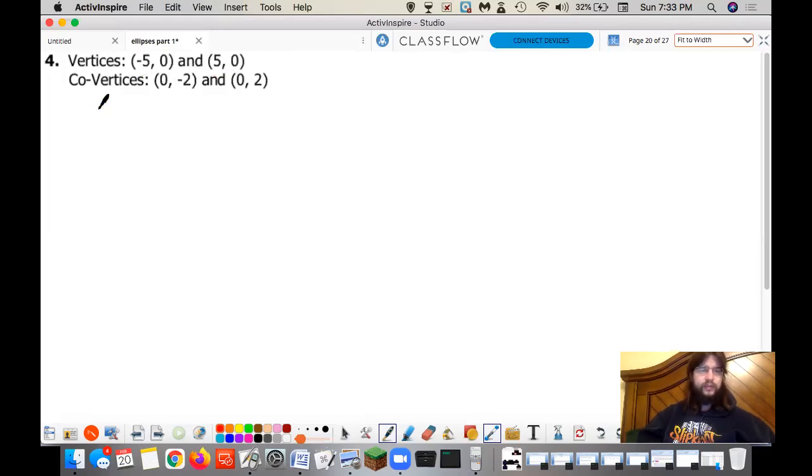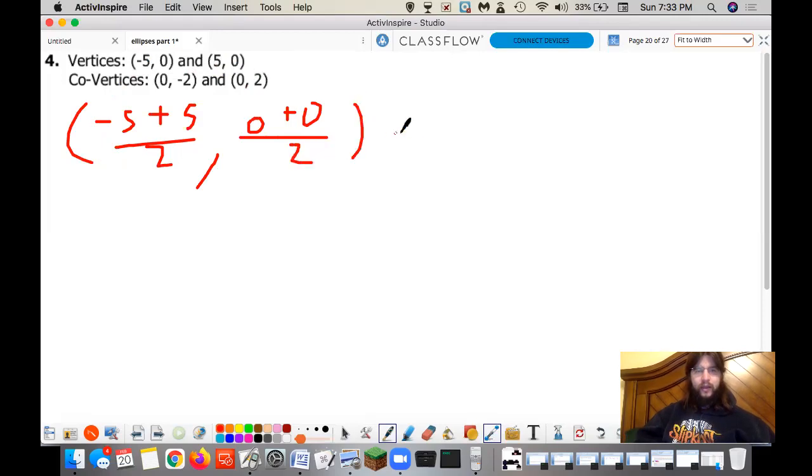Either one will work just fine. I'm going to go with my vertices, and if you can't do that in your head, I'll write that for you. So remember the midpoint, we add our x values and divide by 2. We add our y values and we divide by 2. That's 0, 0.